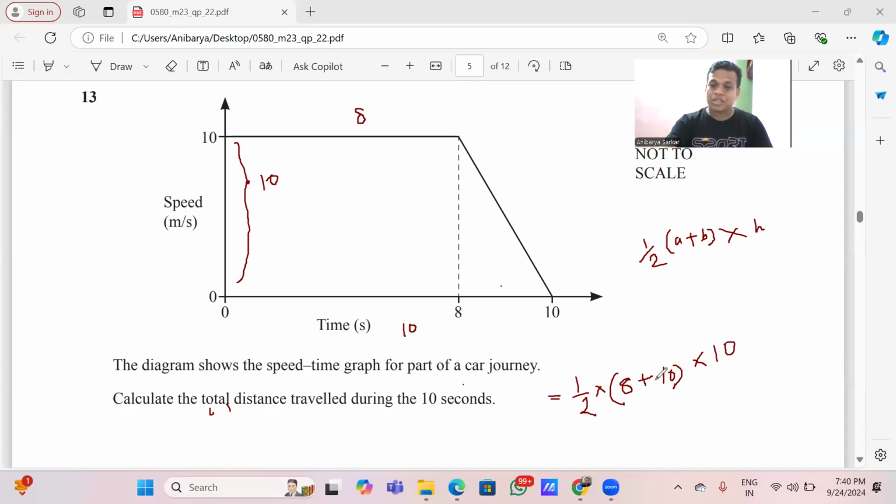So 10 plus 8 is 18, 18 by 2 is 9, 9 into 10 is 90. So they cover 90 meters. This kind of sum frequently comes in the Cambridge examinations. Whenever they ask for the total distance traveled, you always find the area under the curve. Simple. Now go to the next question.